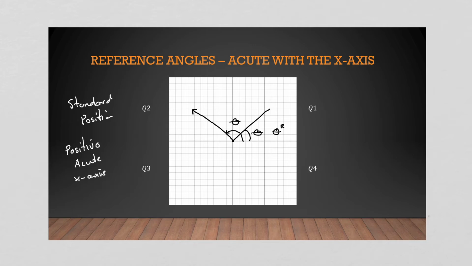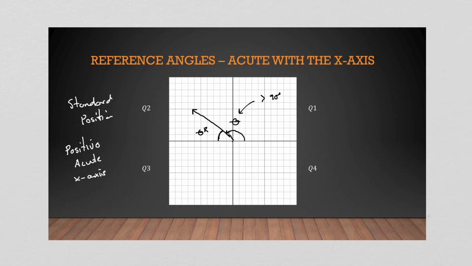That full rotation. And now I'll just erase quadrant 1 so we're not getting all confused. That is my full rotation. That's my theta. But my reference angle, that's not an acute angle, right? That's not less than 90. That's greater than 90 degrees. So my acute angle is the angle that is created here. So my reference angle is that.